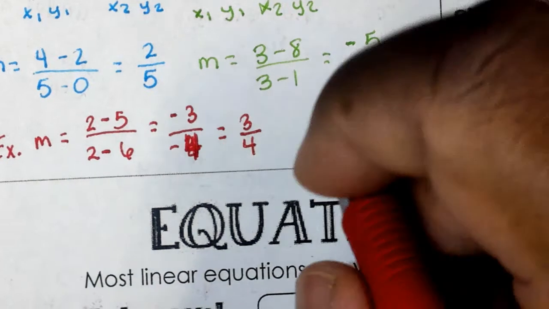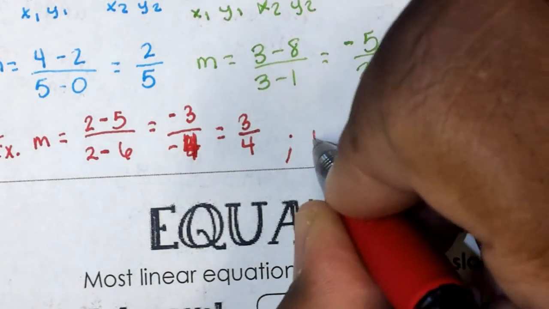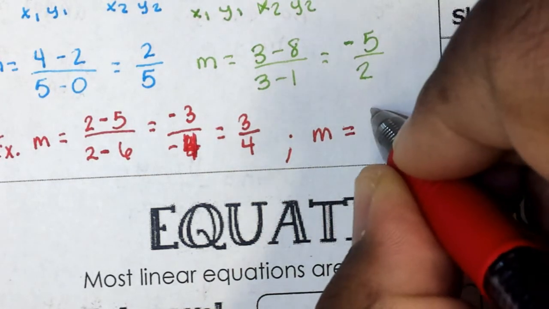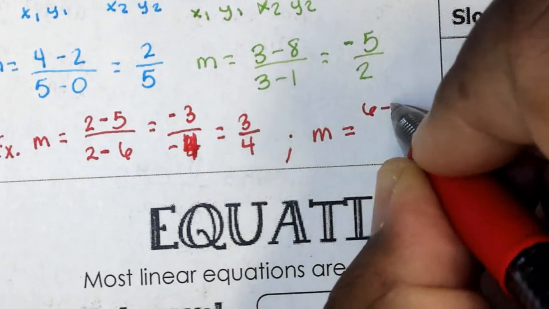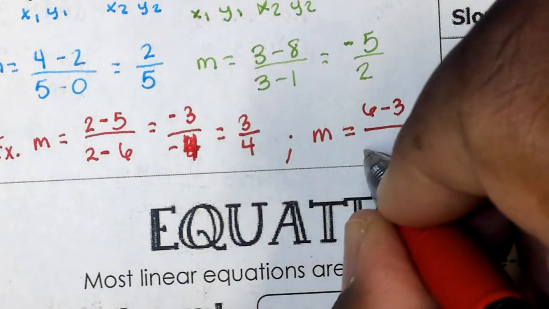Another situation I see y'all run into, another example. Say you have a situation where your slope is, once again I'm making this up, 6 minus 3 on top, and 2 minus 6 on the bottom.